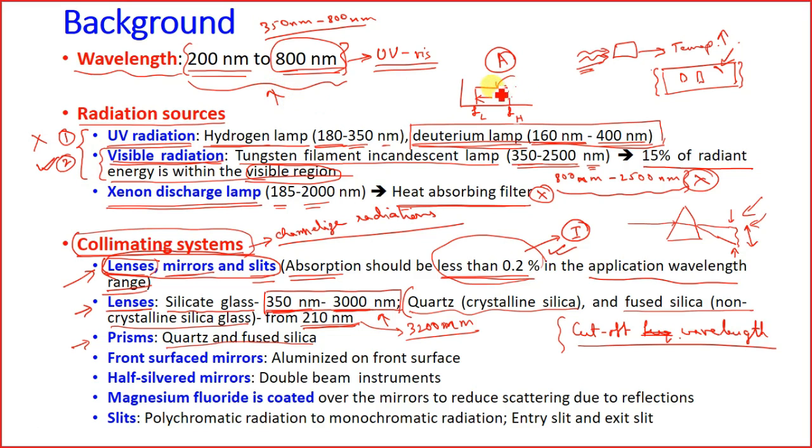Now, when we talk about absorption spectroscopy, in our last class we discussed that it is advisable that we use a monochromatic beam. What do you mean by monochromatic beam? A monochromatic beam is nothing but a radiation which has a specific wavelength.